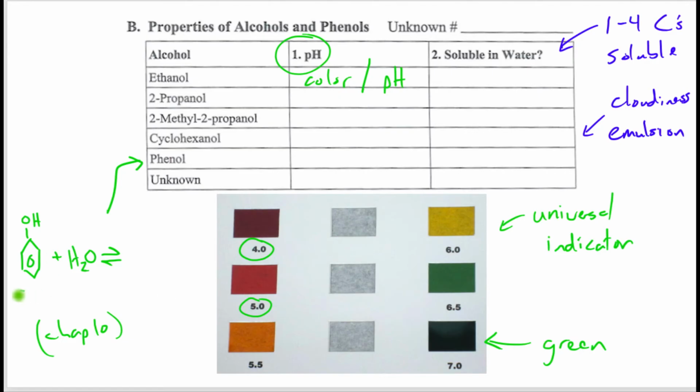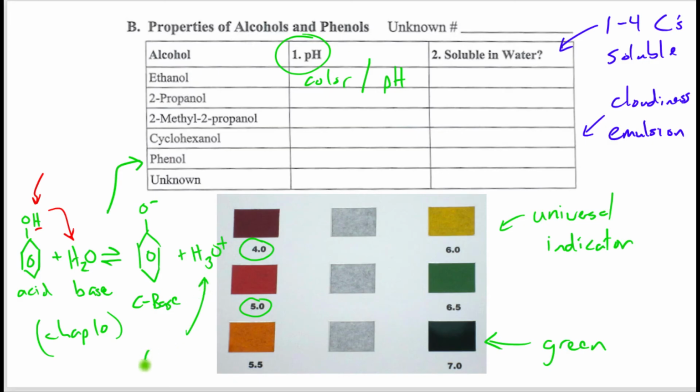That proton right there gets donated over to the water. Then this deprotonated alcohol looks like this, with the negative charge, and then we have hydronium there. We could also call this a conjugate base, and this a conjugate acid.